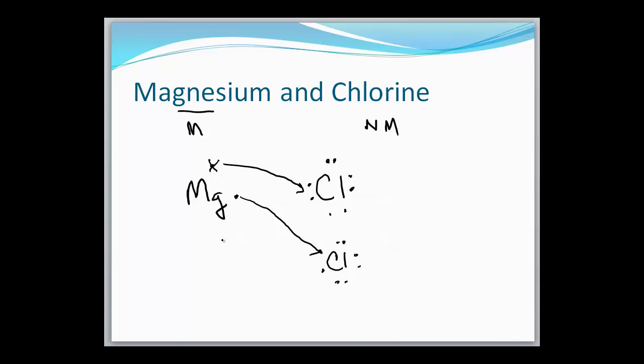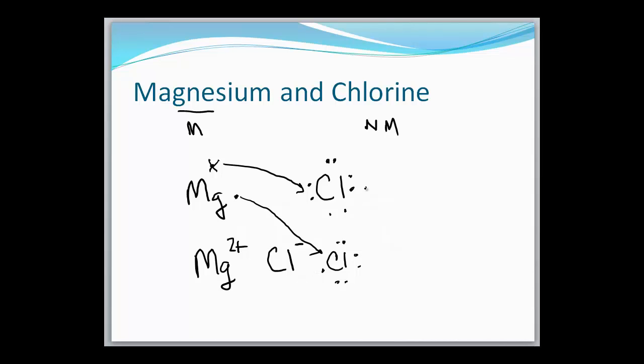Okay, so once magnesium gets rid of its 2 electrons, it has a +2 charge. And once each chlorine ion takes an electron, they're each going to have a 1- charge. This is important: the overall charge of the compound has to be 0.